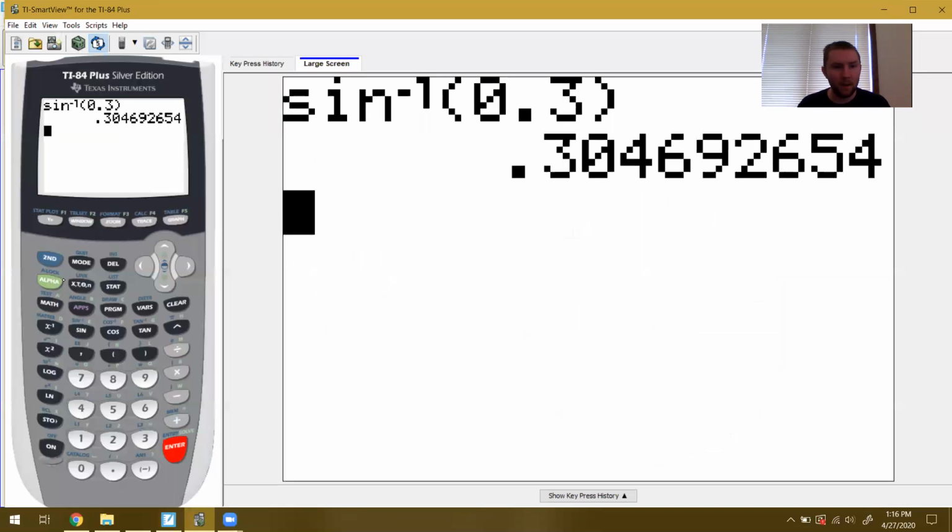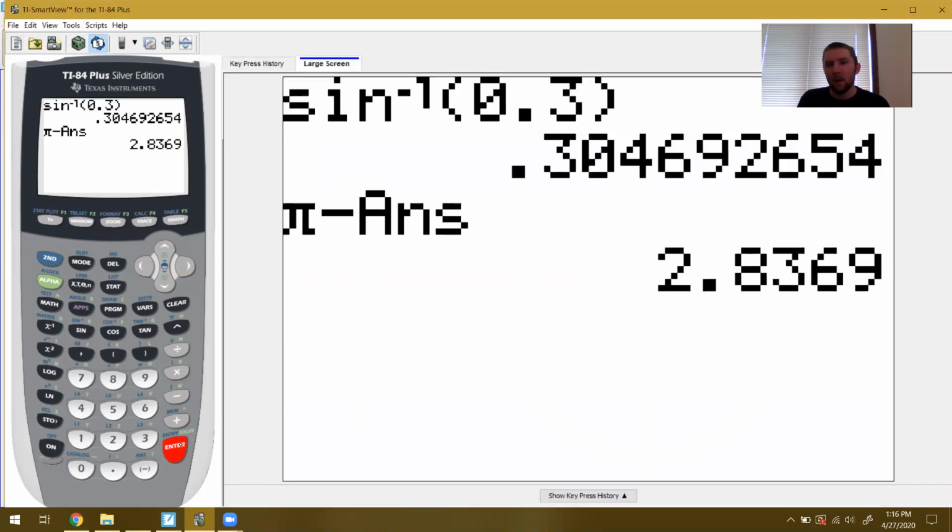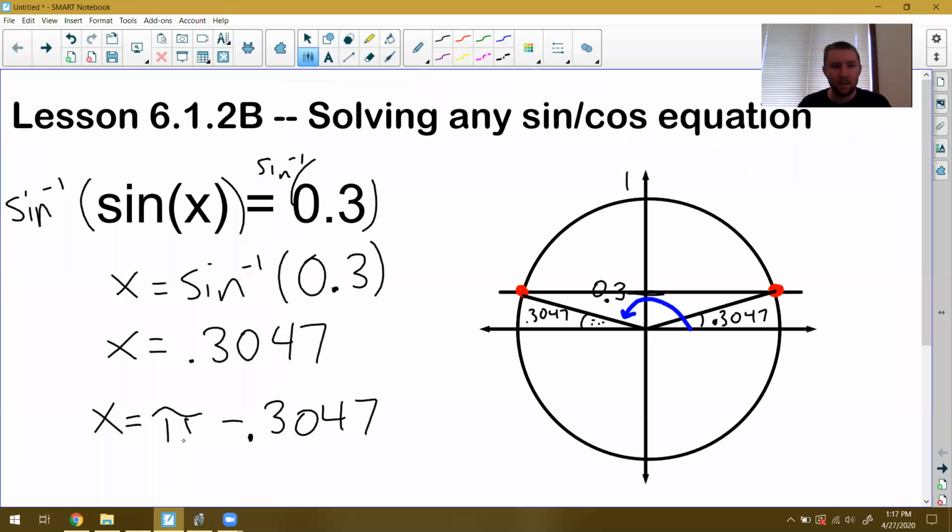So if I go here and I do pi minus, and I'm actually just going to do second negative sign to give me that answer, 0.304692654, I get about 2.8369. Okay, 2.8369. So x could also equal 2.8369.